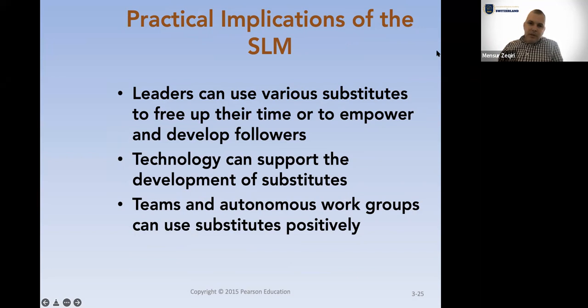This model shows that technology is extremely important, and that's something that we can see nowadays, because technology can support the development of substitutes that we mentioned earlier. And the last implication of this theory is that teams and autonomous work groups can use substitutes positively in these cases.